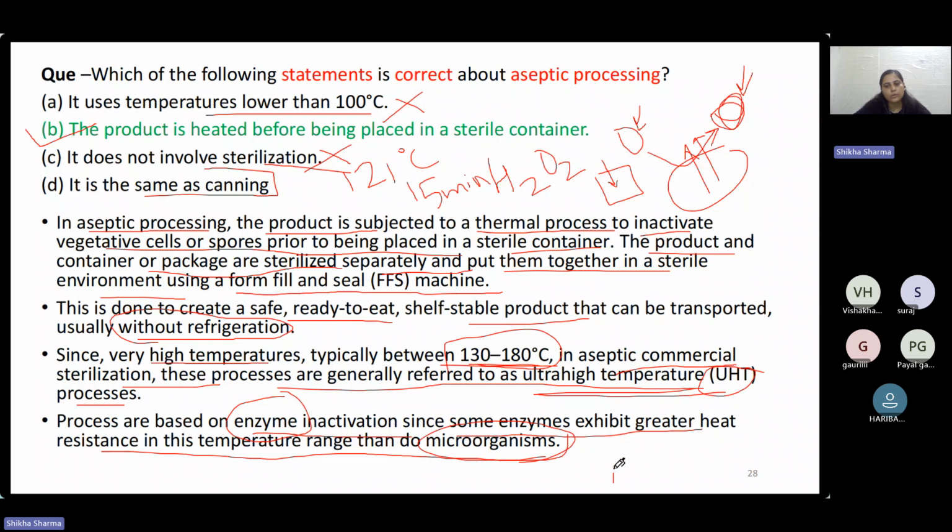There will be many microorganisms or enzymes that degrade at low temperature, but we will take the highest, the most resistant one, in all the temperature treatments.